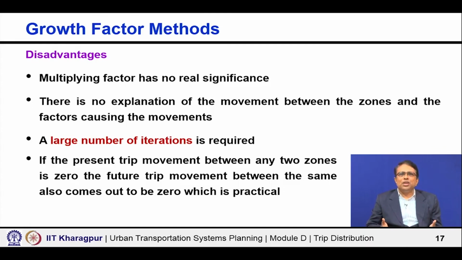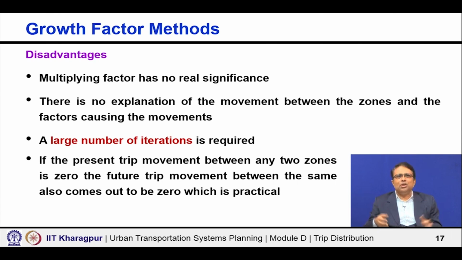There is no explanation of the movement between zones and the factors causing movement. We know that how many trips will happen actually depends on the properties of the transport network: travel time, travel cost, connectivity, all these are very, very important. So, we do not consider any of those, it is simply a number game, we are doing some balancing, some factoring, so that the row total and column total we get from the modified matrix match closely with our target total.